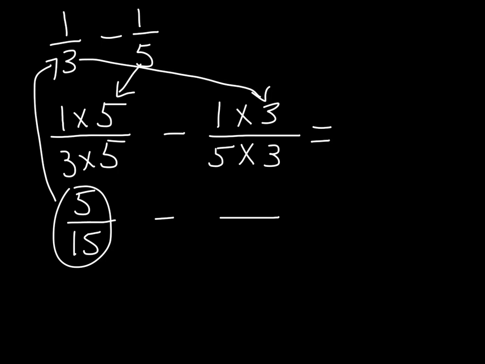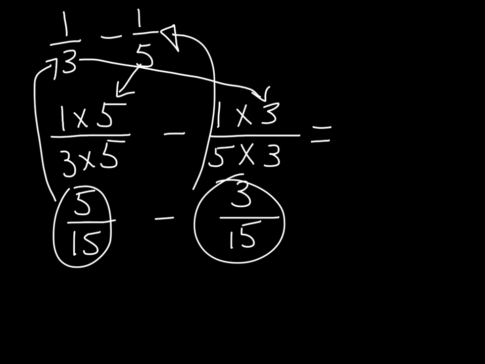And we'll move on to the next fraction. 1 times 3 is 3, and 5 times 3 is 15. And so 3/15 is equivalent to 1/5. And now I can easily see how to subtract: 5/15 minus 3/15 will equal 2/15.